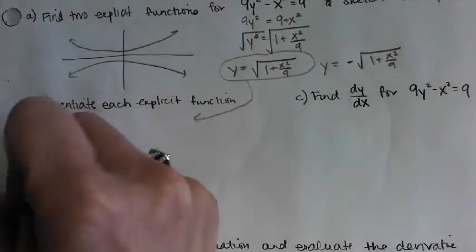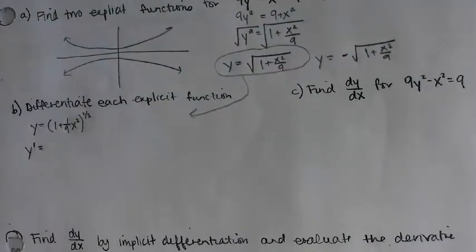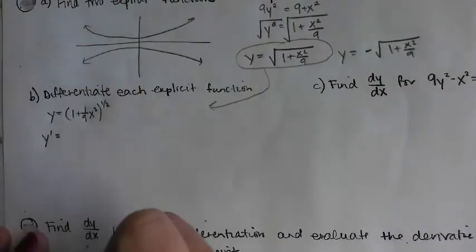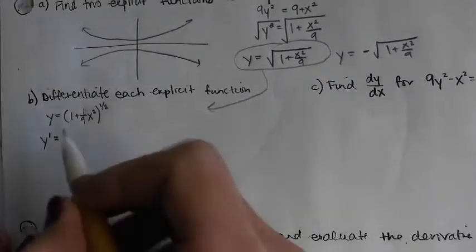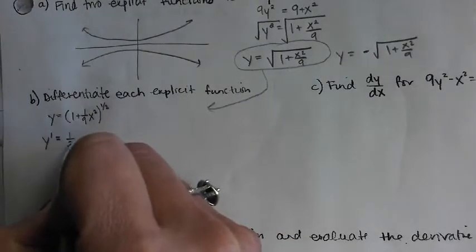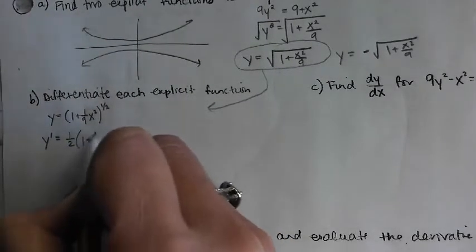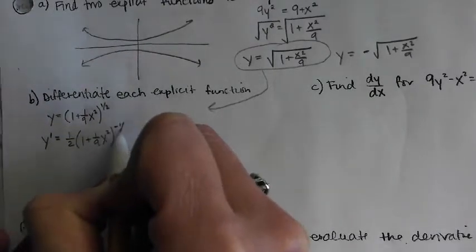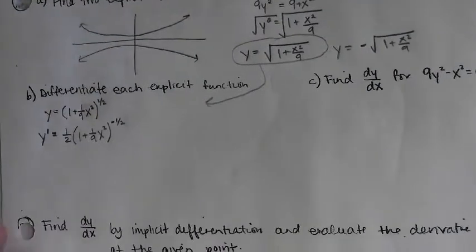So now when I differentiate that, I'm just going to do y prime. I'm going to follow a power rule first. So what is that going to look like, Haley? To the negative 1/2. And that needs to be followed by what?